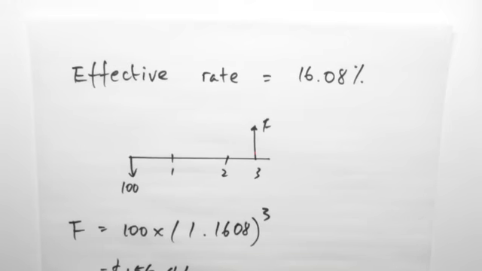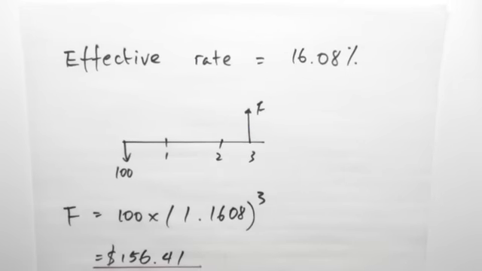All we do is apply our equation: 100 times 1.1608 to the power of 3. Because the effective rate is per annum, we have already included the monthly compounding effect, so all we need to do is use the basic compounding equation, and we will get our future value to be 156.4, the same as we got when we used the nominal rate divided per month.